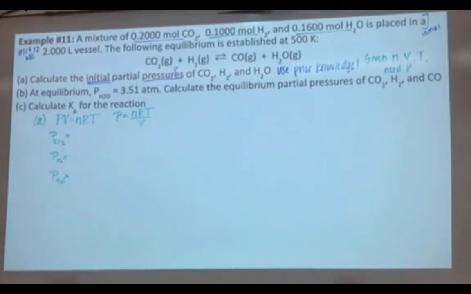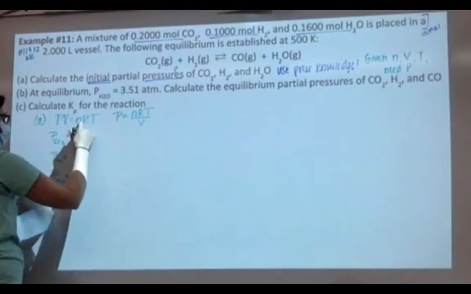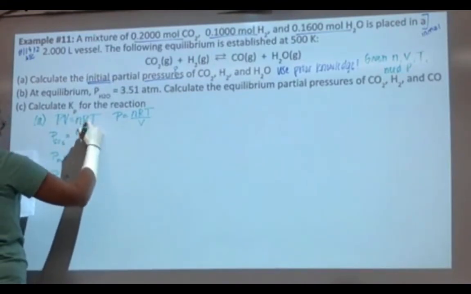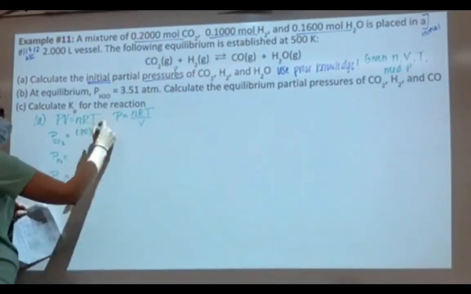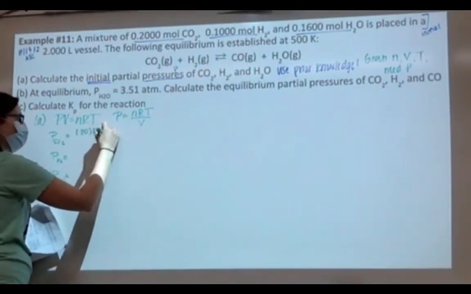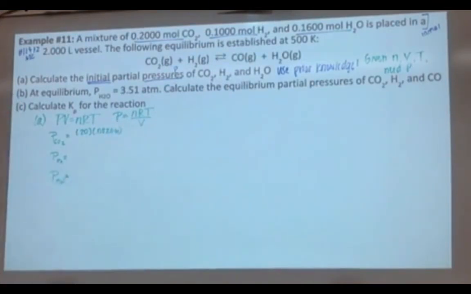Look at what we're given. We're given moles of CO2, moles of H2, moles of H2O. I'm just going to plug everything into the ideal gas law. If I look at CO2, 0.20 moles. R is always the same, 0.08206, because that is liters times ATM over moles times Kelvin.